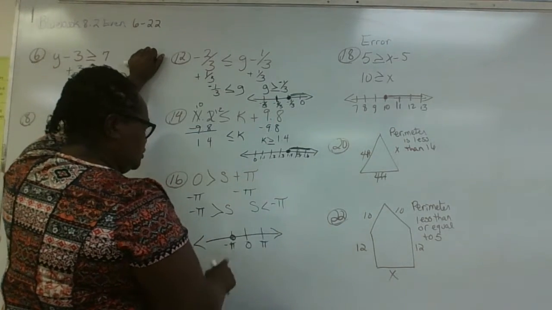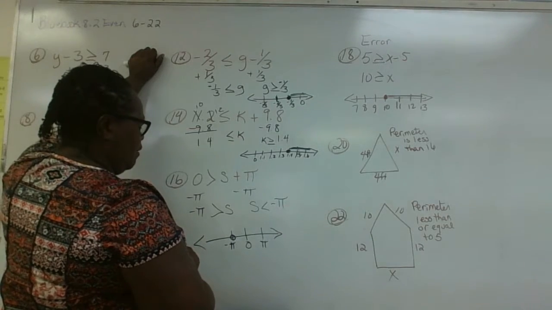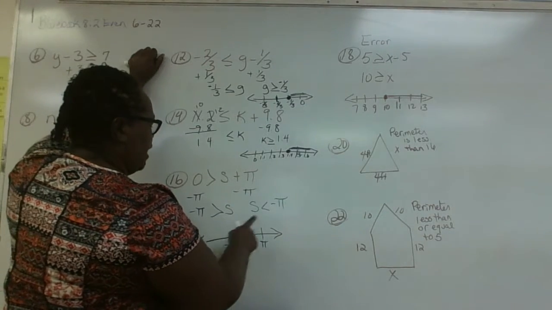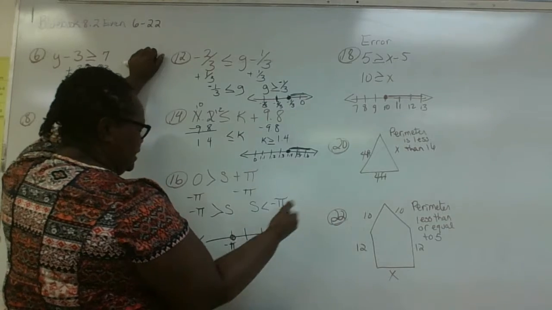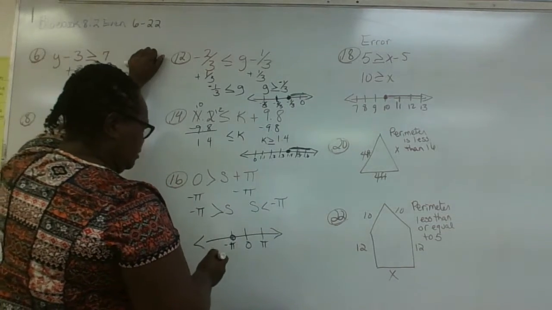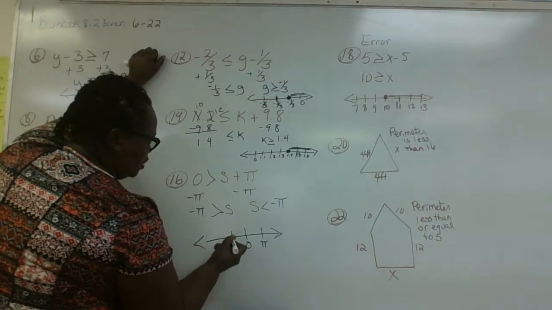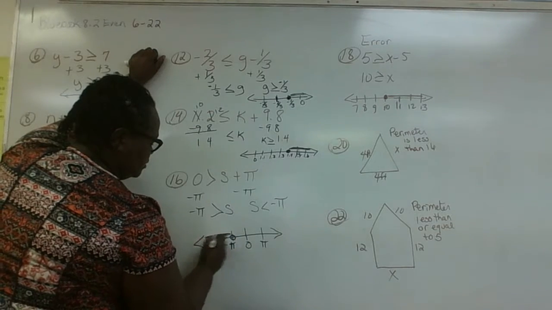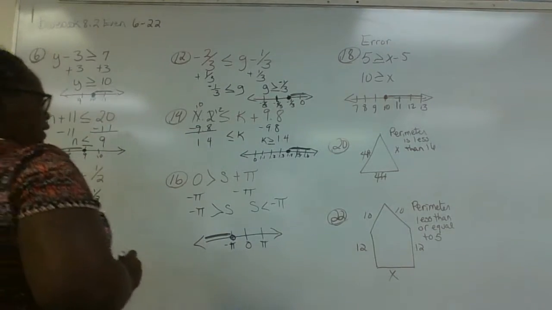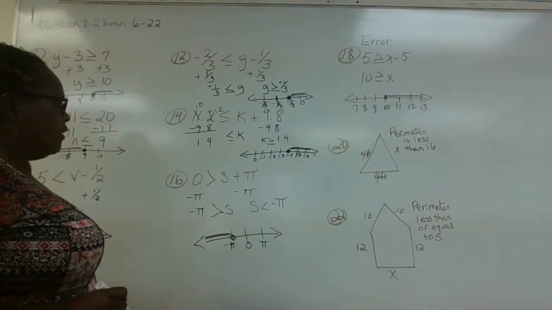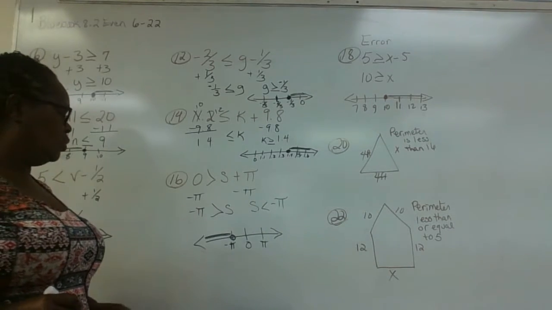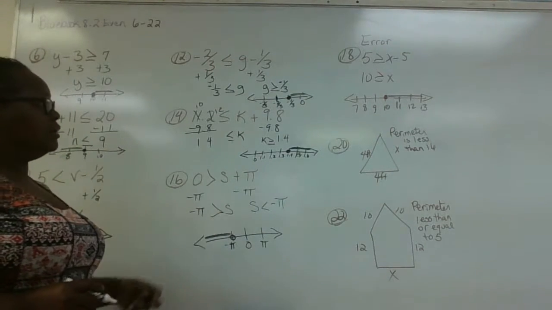It doesn't include it, so we leave it open. All right. And therefore our S is everything that is less than. Okay. So we're gonna go in this direction. Okay. All right. So in accordance with our equation here.